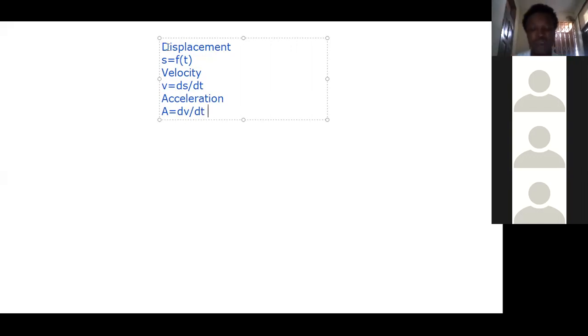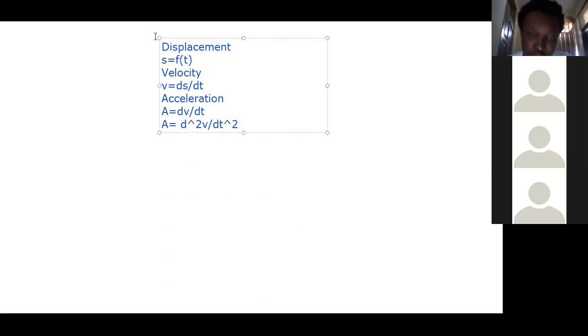So we can also write acceleration as d squared s over dt squared, or dv over dt. Do you agree with this one?